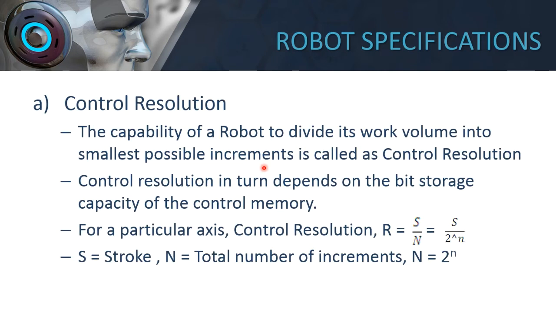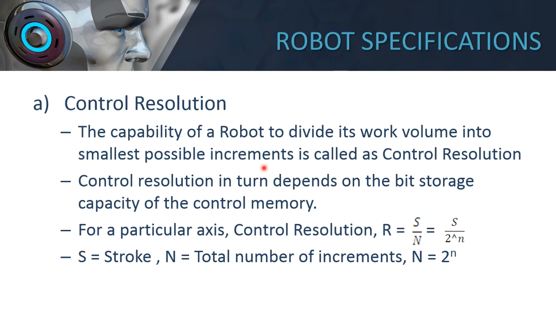What is the smallest possible division you can do? You can divide 10 mm into increments of 1 mm each, so you move your hand in 10 steps of 1 mm each to reach 10 mm. That is called the smallest possible increments.